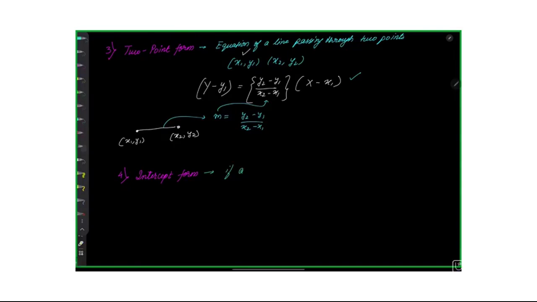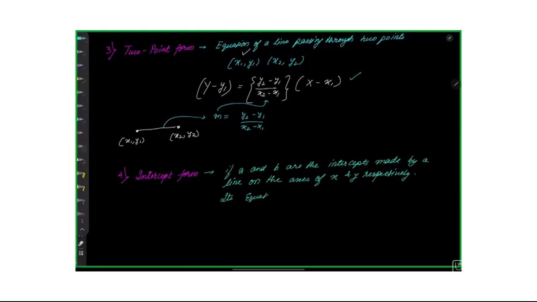If a and b are the intercepts made by a line on the axes of x and y respectively, its equation is x by a plus y by b equals 1.